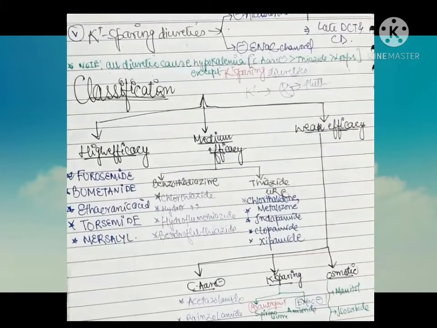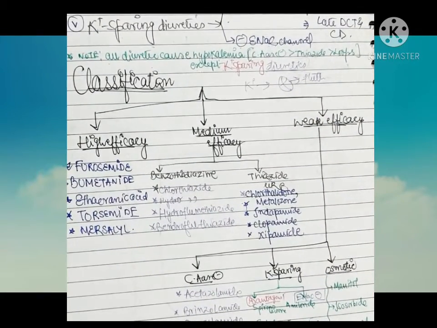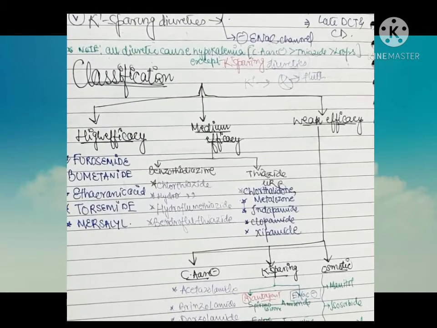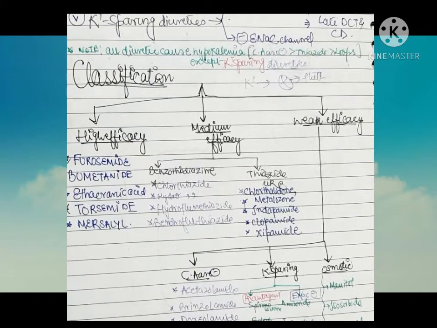Okay, then we come to the classification of the diuretics. How do we classify these diuretics? These diuretics are classified on the basis of their efficacy or on the basis of their action.